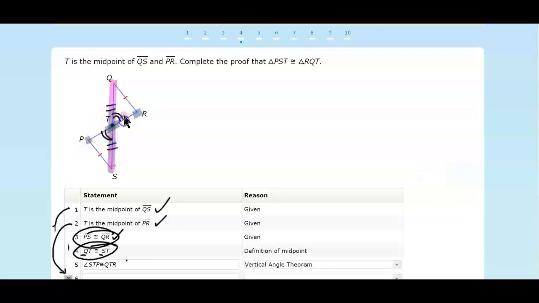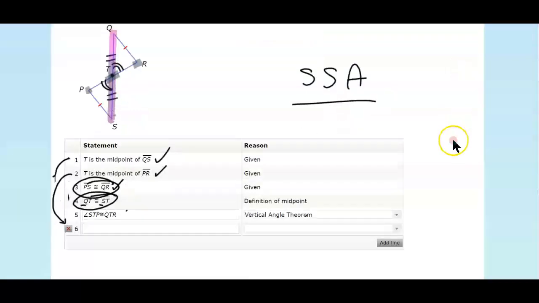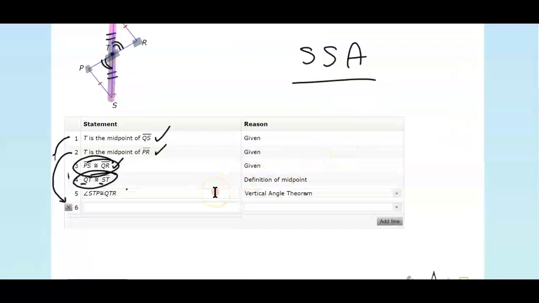Is this angle, side, angle, angle, side? It's excluded. So it's side angle. Can we prove triangle congruency with side, angle? What I want us to notice here, we could even list our vertical angles congruent. There's nothing wrong with adding this because it is congruent. But we can't prove our triangles congruent with side, angle.